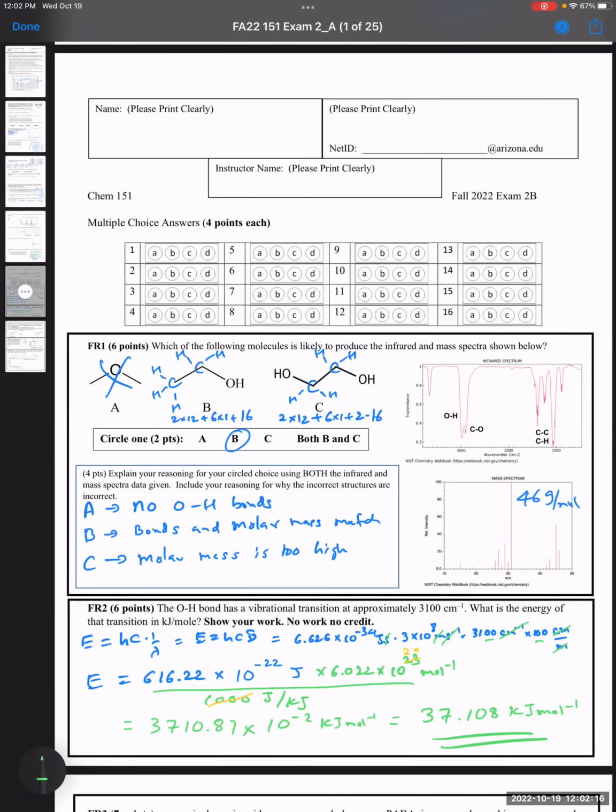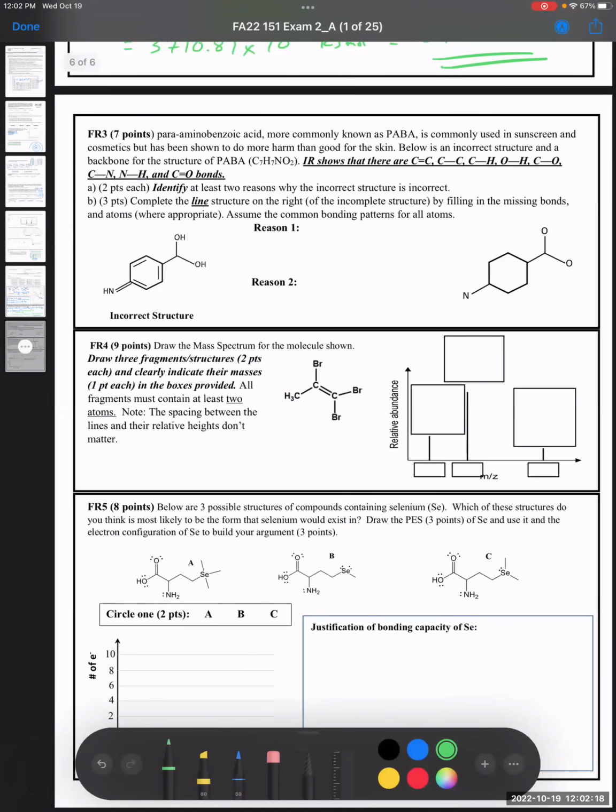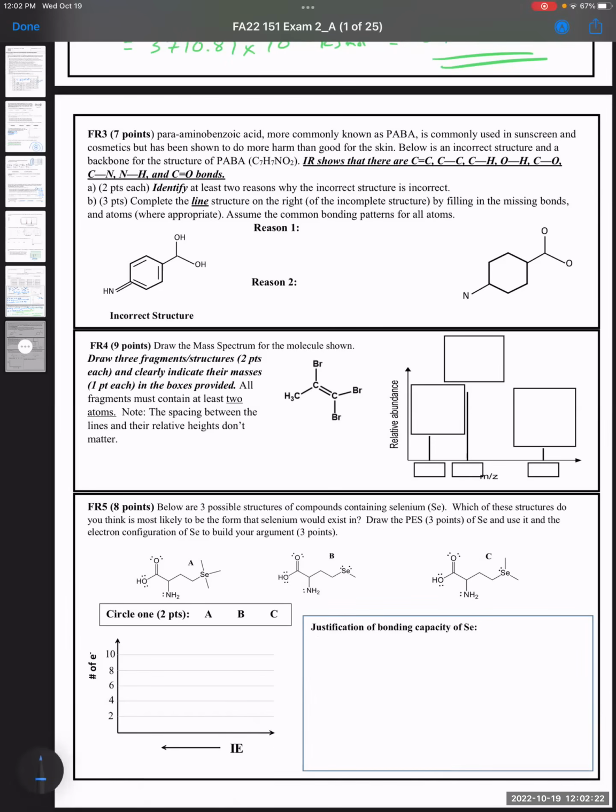Okay, so moving on to question 3. You're given a lot of information here. Para-amino benzoic acid, more commonly known as PABA, is commonly used in sunscreen and cosmetics, but has been shown to do more harm than good for the skin, blah, blah, blah. Below is an incorrect structure. Here's the incorrect structure, okay?